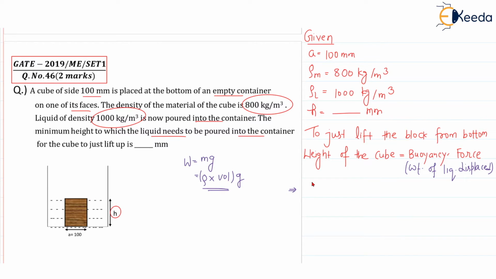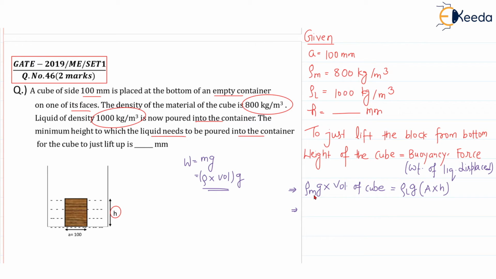So weight of the cube: density of the cube material rho m into g into volume of the cube, equal to weight of liquid displaced. So density of the liquid into g into volume, which we can write as area into h, height. Now we'll put the values.